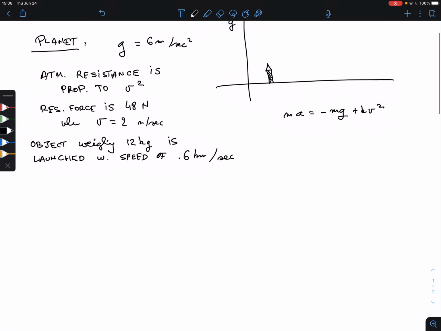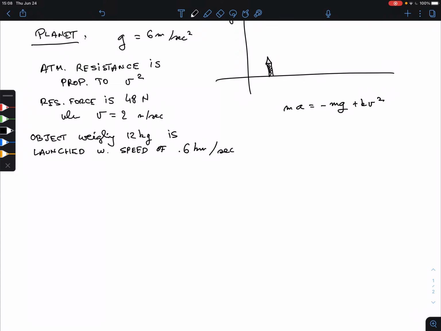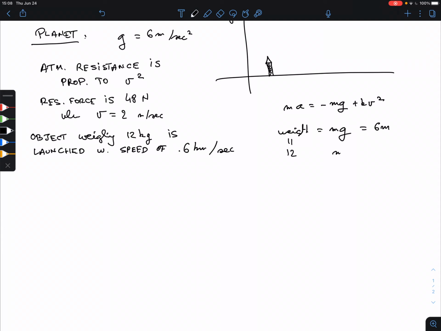Now we have to find out what all these constants are. First of all, what is m? Let's start with that. We know that the weight is mg, and we know that g is given to be 6, so it's 6m. And the weight, they told us, was 12 kilo, so we know that m is 2 kilogram. Let's not talk about the units anymore, just m is 2.